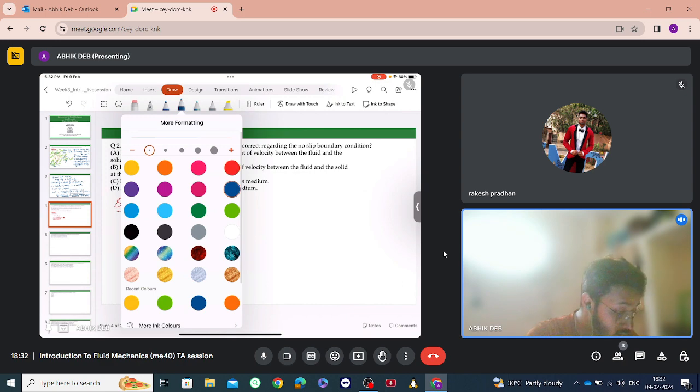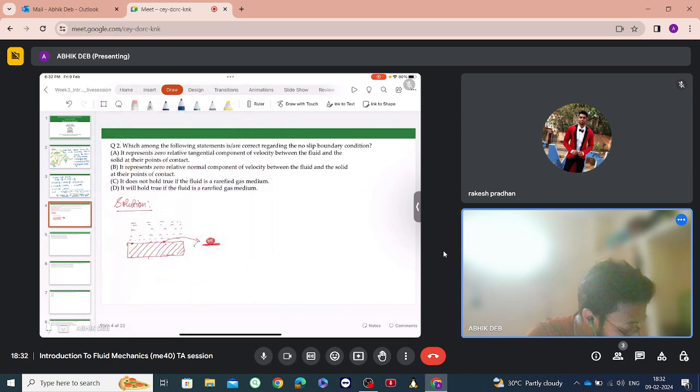If the solid is at rest, then the fluid particle will also be at rest. If the solid is moving at some particular velocity, then the fluid particle will also have a velocity equal to the velocity of the solid.